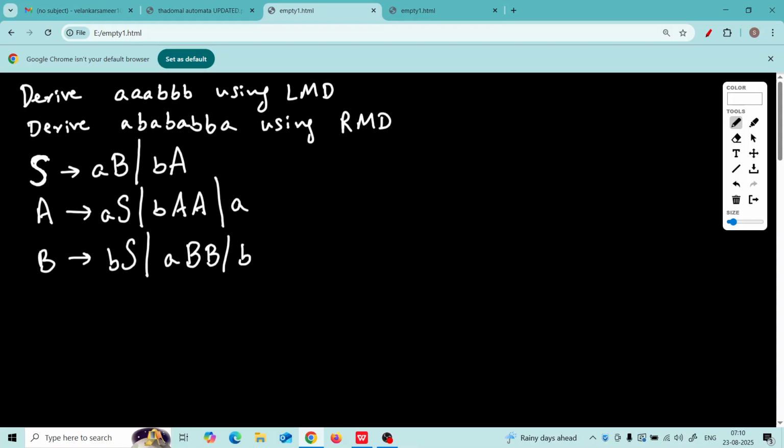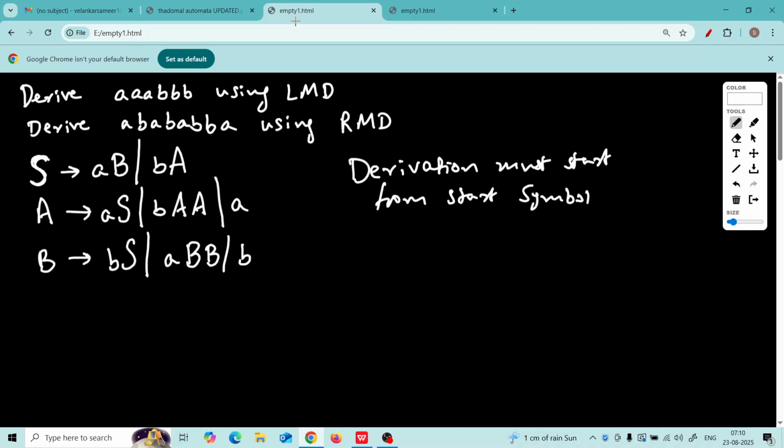The first capital letter that you watch on the upper left corner is the start symbol, and derivation must start from the start symbol S. So how do you show LMD, leftmost derivation?